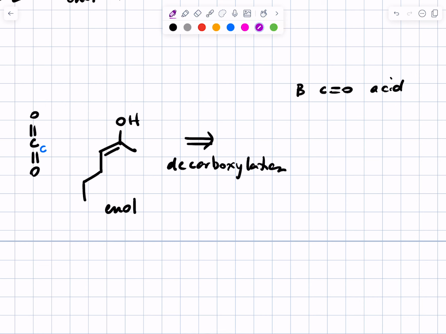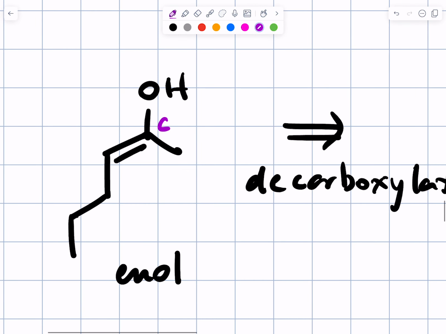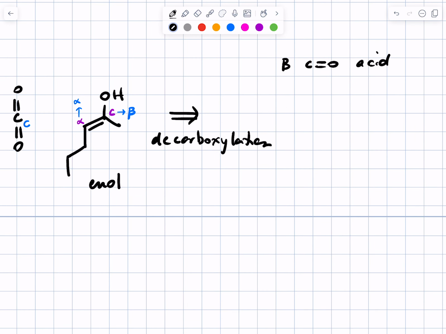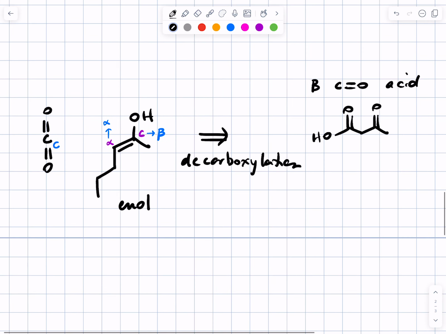The current carbonyl carbon of your enolate used to be the beta carbon of the beta keto acid. The current alpha carbon of your enol used to be the alpha carbon of the beta keto acid. So to stitch it together, you simply draw a beta keto acid that looks like this.